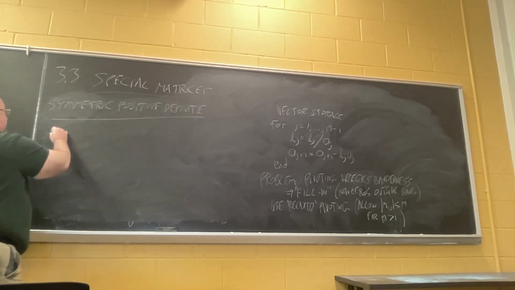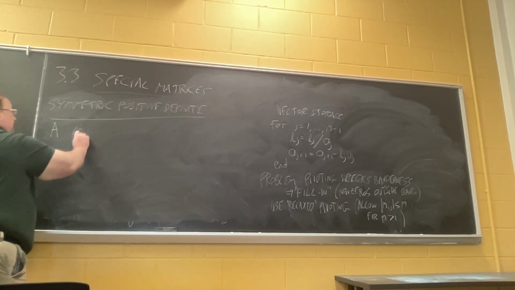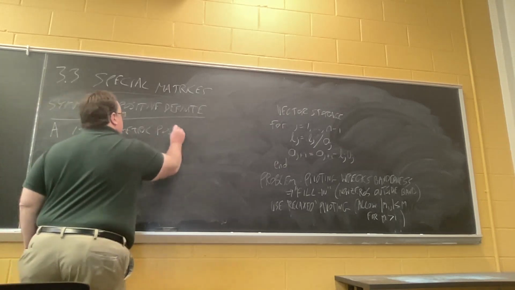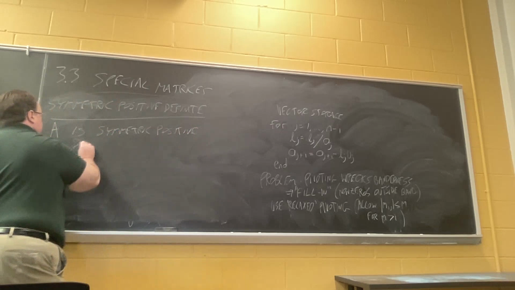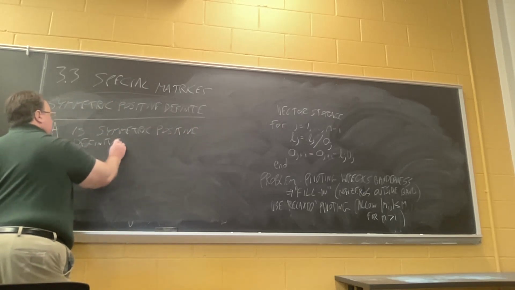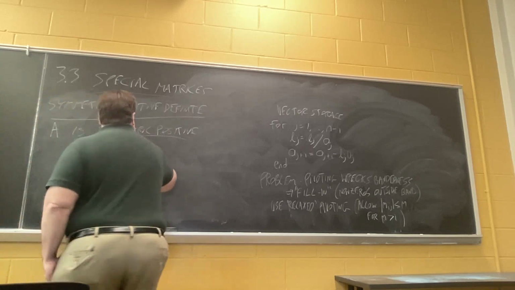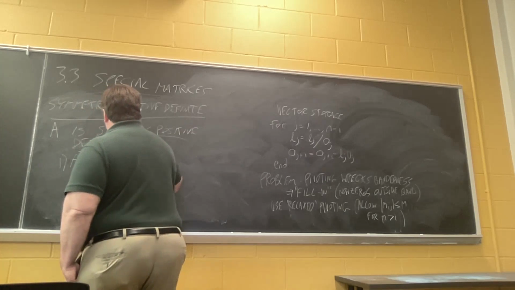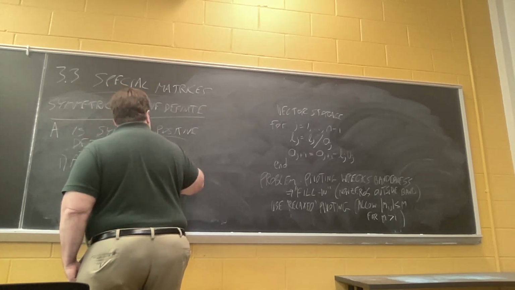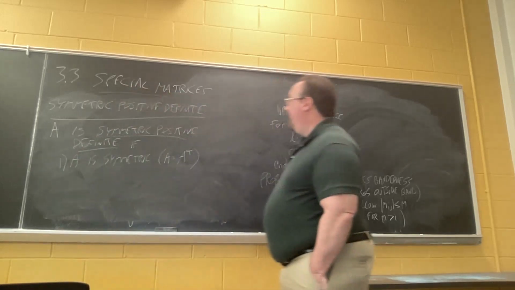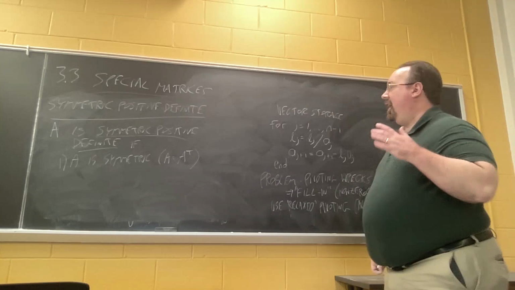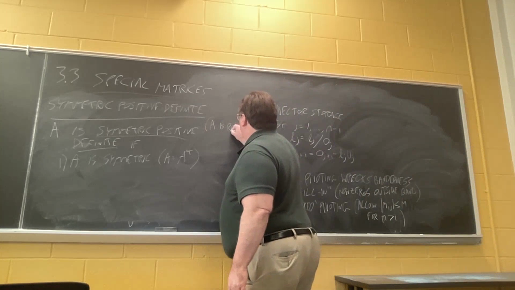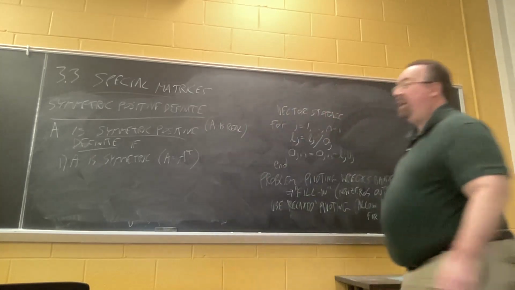Okay. So matrix A is symmetric positive definite if first it has to be symmetric, A equals A transpose. By the way, I'm going to assume throughout this discussion, and actually pretty much the whole semester, that we're dealing with real matrices.